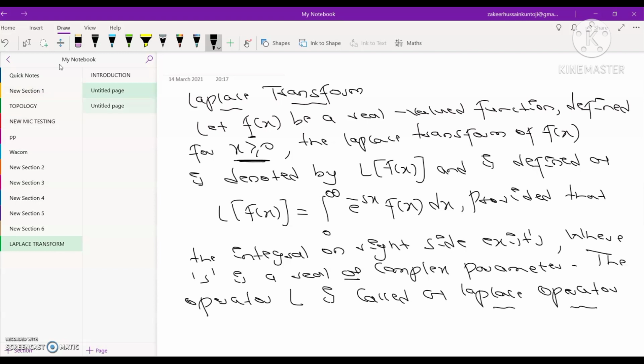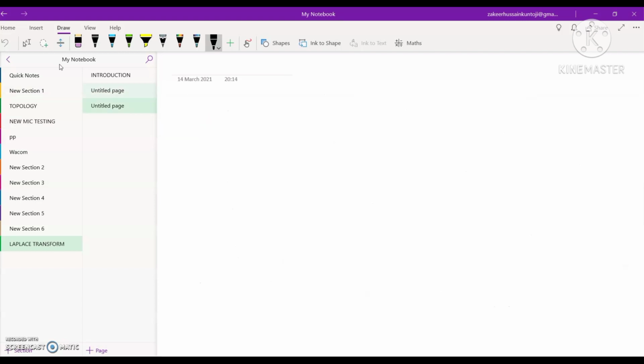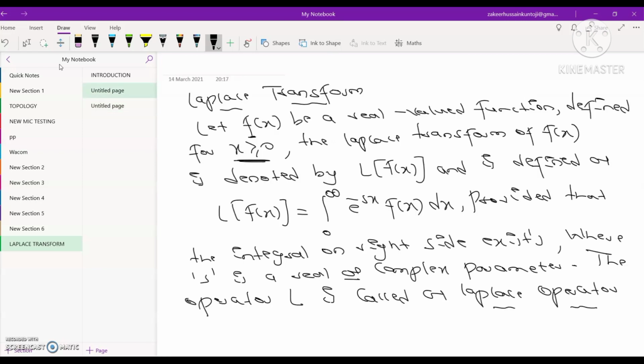And we can observe that L of f of x is equal to the integral from 0 to infinity e raised to minus sx f of x dx.